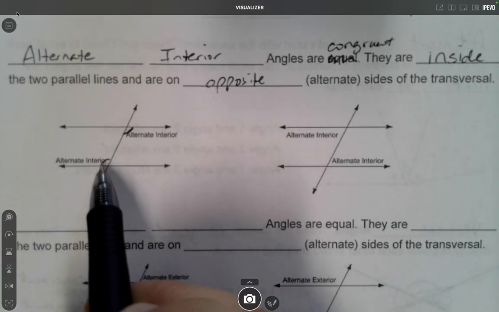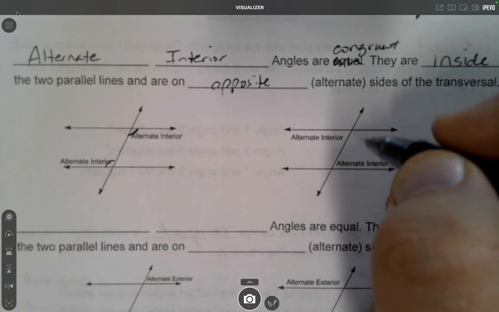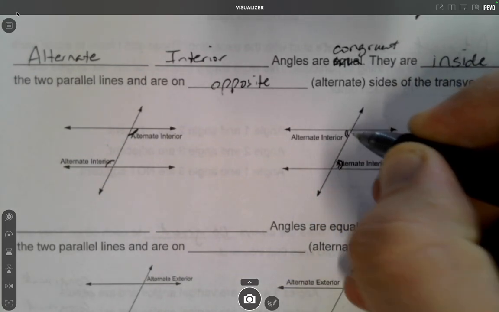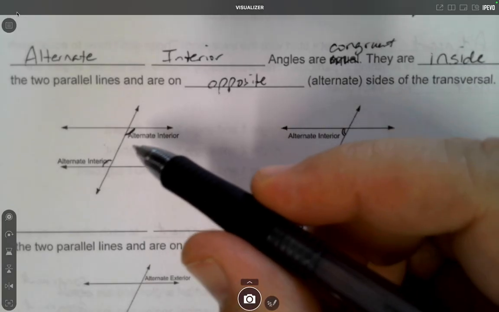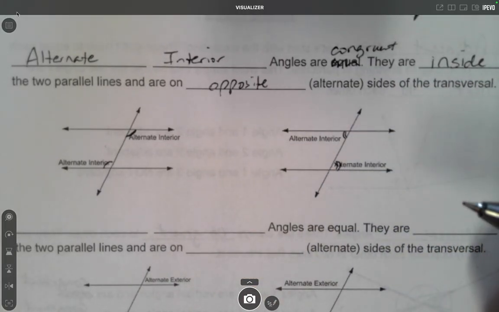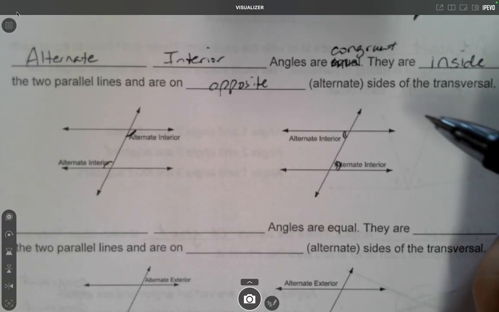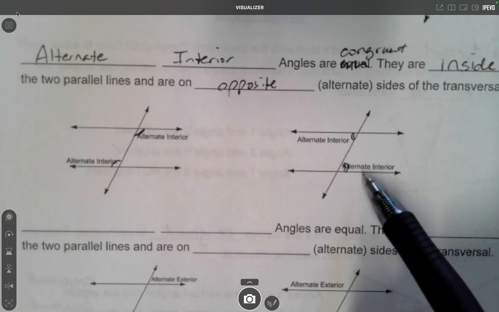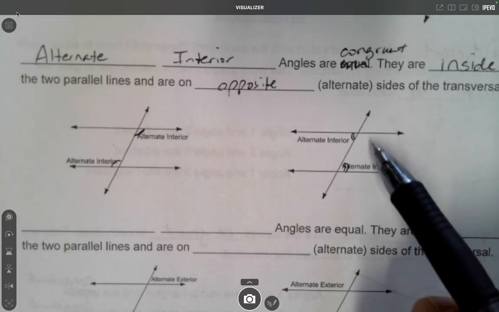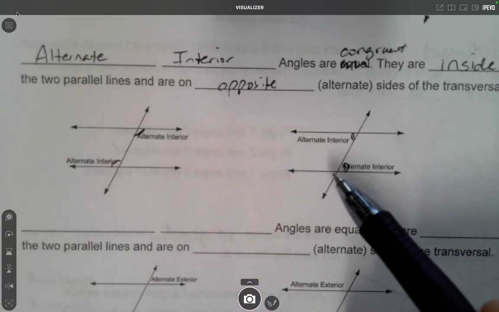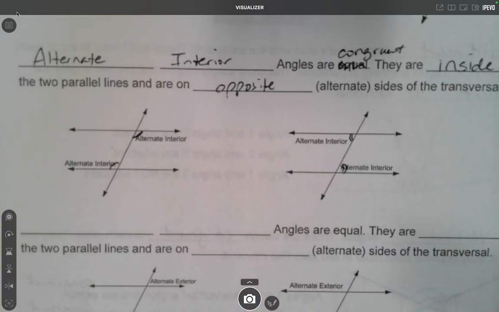There's the one here that's bottom left and upper right, but there's also the pair that's on the upper left and the bottom right. I just drew two arcs to make it clear it's a different thing we're talking about than over here. But they are congruent. So these have the same quality. They're on opposite sides of the transversal, and they're both inside or in between the two parallel lines. So just like this pair is alternate interior, this pair is too.